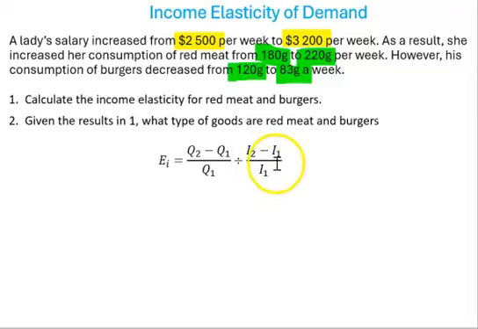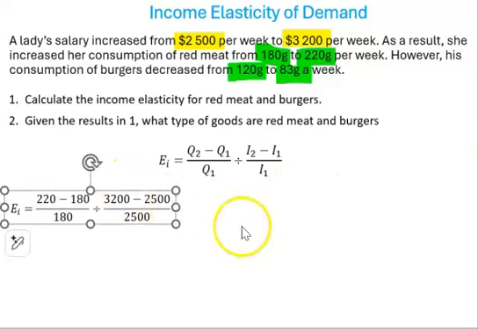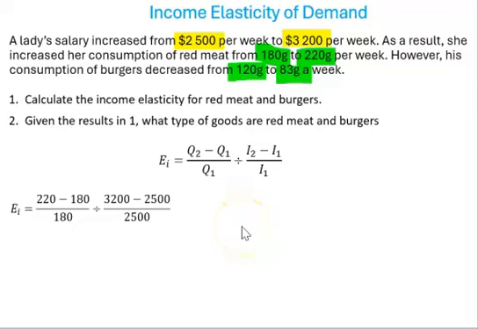So that is I2 minus I1 divided by I1. Now we're calculating for red meat first. When it comes to red meat, quantity demanded increases from 180 to 220.